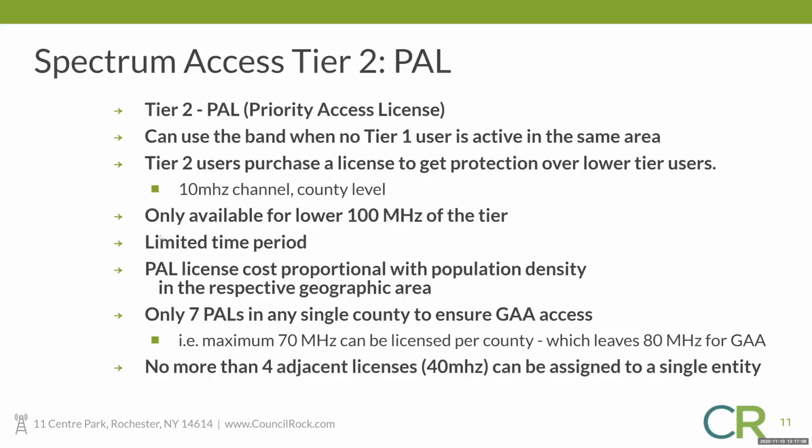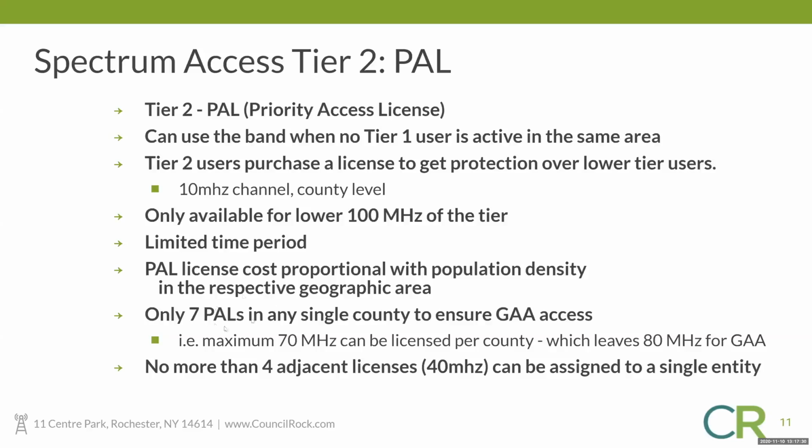The licenses are for 3 years, and they can be renewed after the 3 years. The licenses are sold in auctions, and the cost is proportional to the population density of the geographic area.